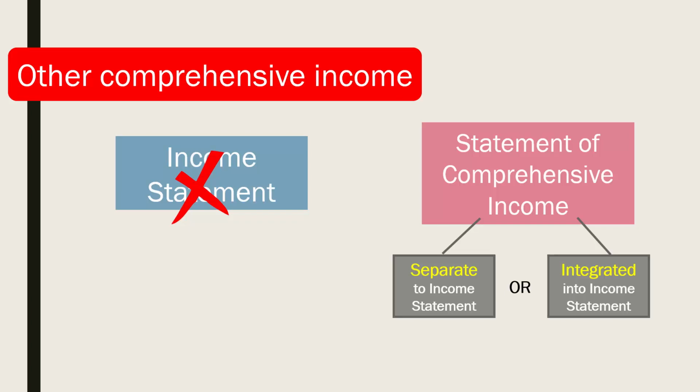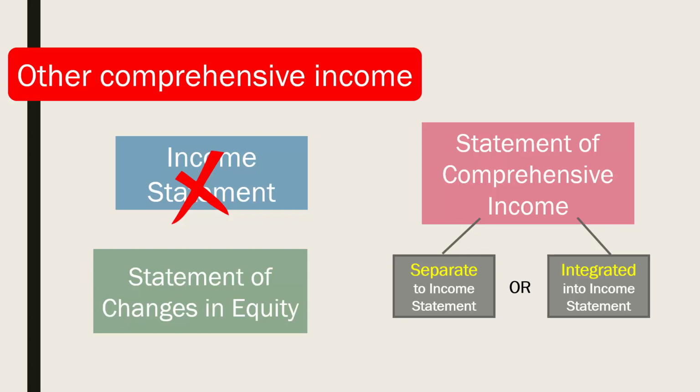It may be shown in a statement of comprehensive income, which may be separate to a firm's income statement, or integrated into the income statement as a single statement of comprehensive income. Also, some or all of other comprehensive income may appear in the statement of changes in equity.